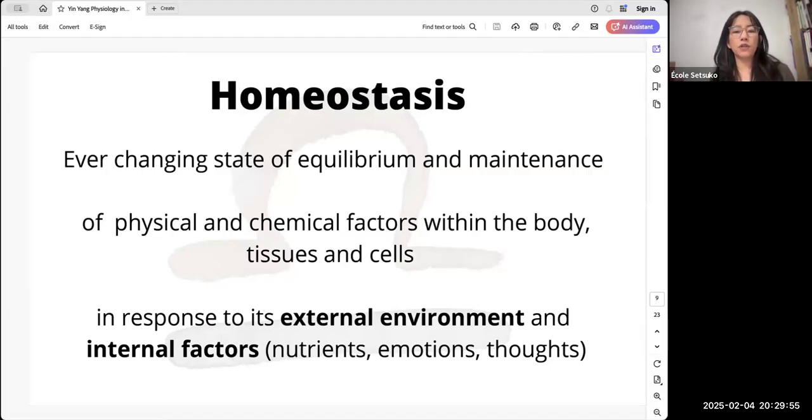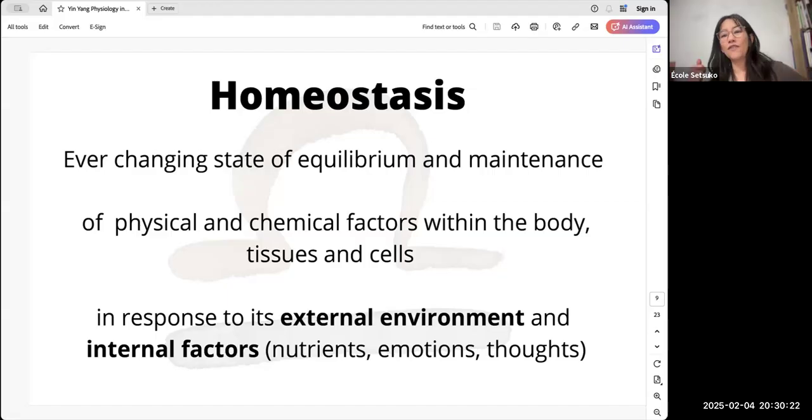Now, we also have to respond to external environmental factors. So that can be, like I said, the weather, for example. When it's cold, our body has a thermostat that needs to kick in and activate, right, in order to keep us warm and to maintain that state of balance so we don't freeze to death and get frostbite, or we don't overheat either, right?